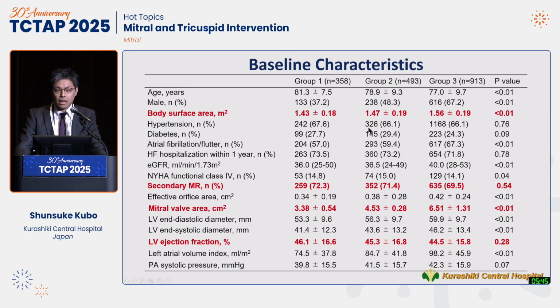So these are the baseline characteristics. As you would expect, patients with a small valve area show higher age and smaller body surface area. And the mean mitral valve area is 3.4 square centimeters in group 1. But there is no significant difference in the MR etiology and LVEF between the 3 groups.